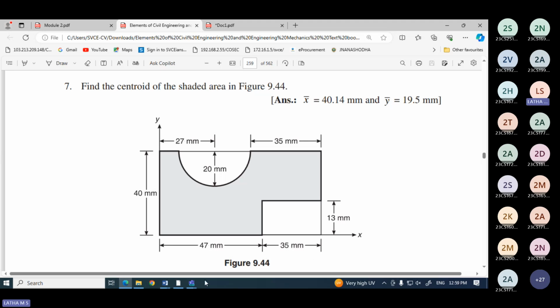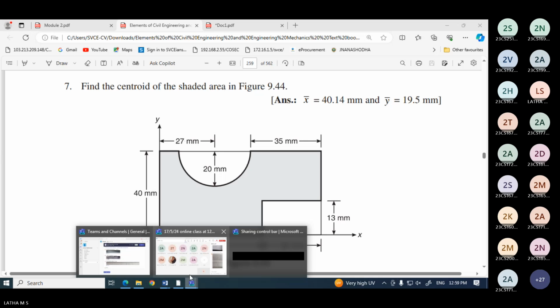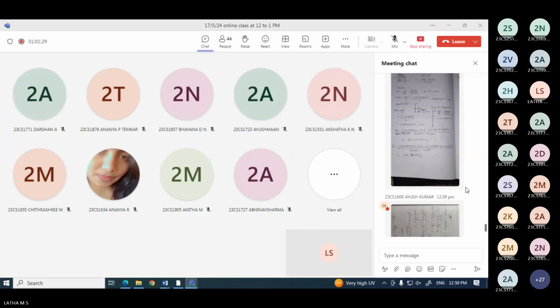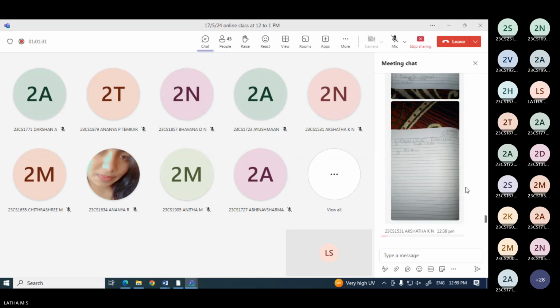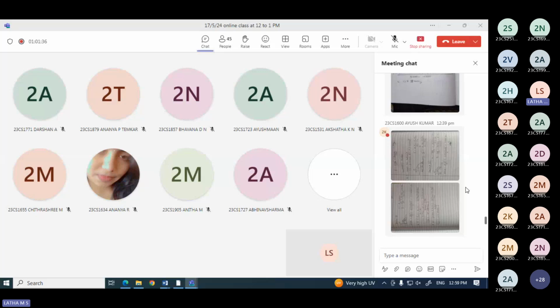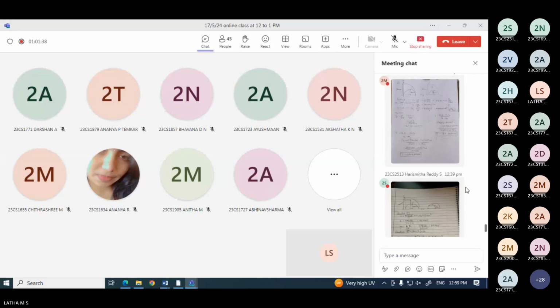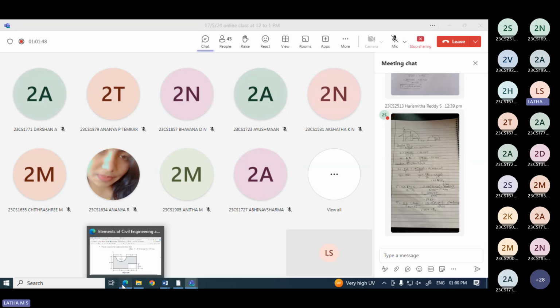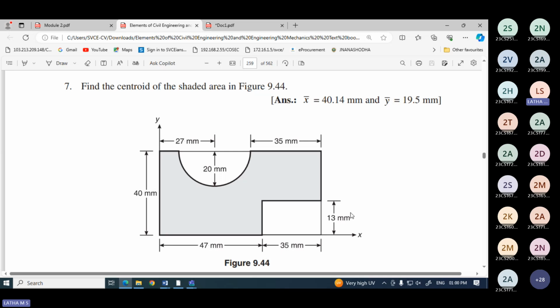Good response I'm getting. This centroid is very simple, easy to solve. Functions of x1, y1. Now start doing this problem and give me the answer in the chat box.